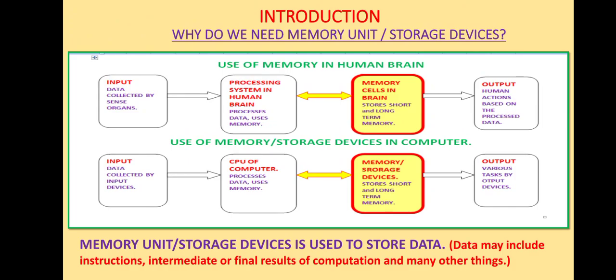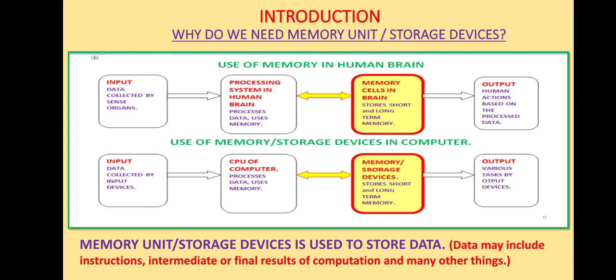Let us begin with the question, why do we need memory unit in the computer? We will discuss this question with respect to the human brain. We as humans collect the data input from outside environment through our sensory organs. This data goes in the brain for further processing.